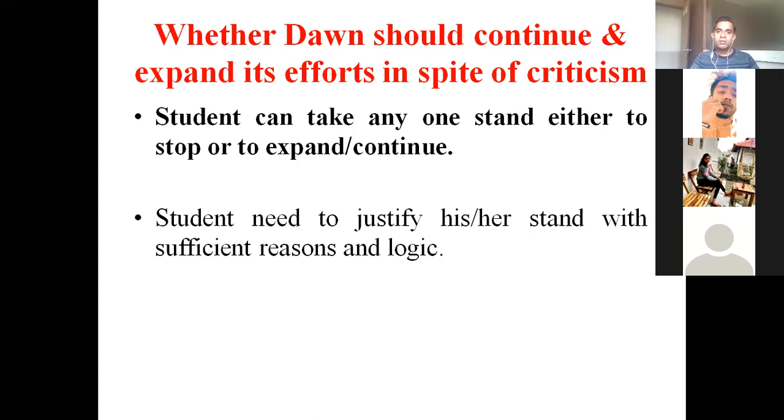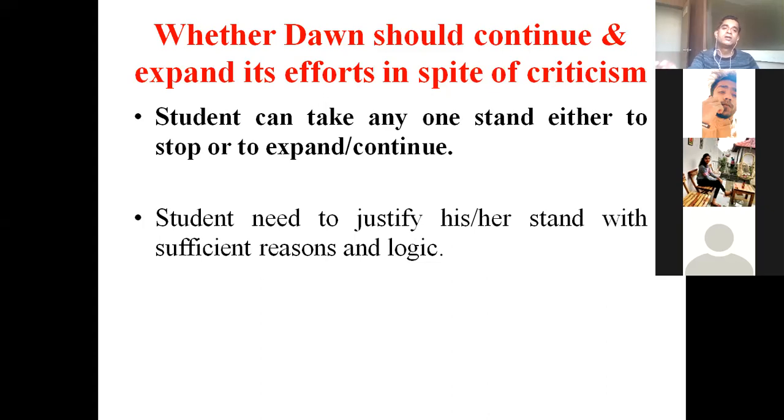Then another question: whether Dawn should continue. See, in the caselet it is mentioned that Procter & Gamble was criticized for its CSR ad campaign, where they said on every purchase of Dawn dishwashing liquid, $1 will be contributed or donated to cleaning birds which were soaked in an oil spill in the ocean. Oil means crude oil. Birds were soaked. I showed you the image.